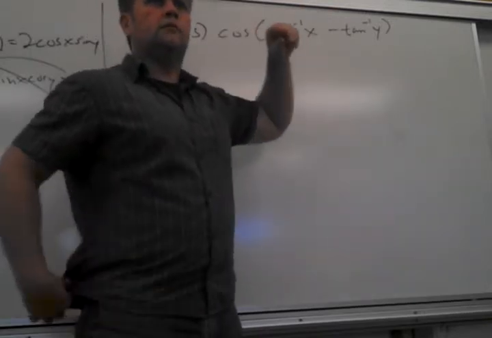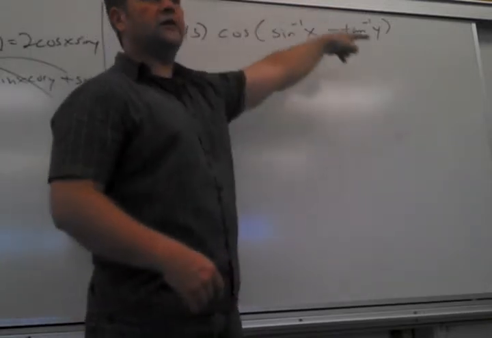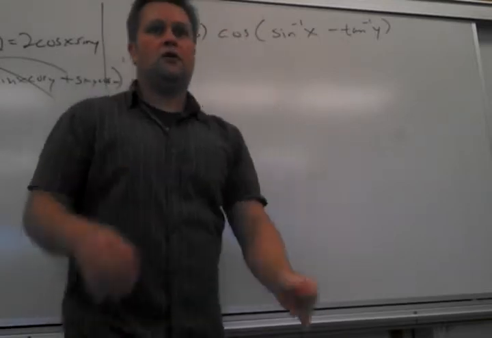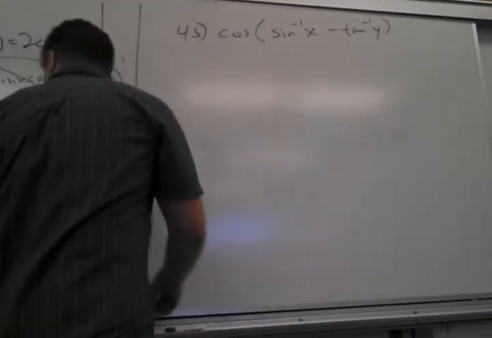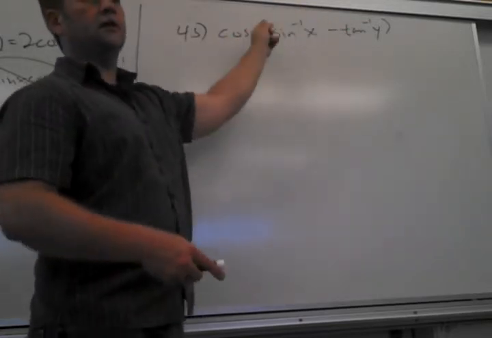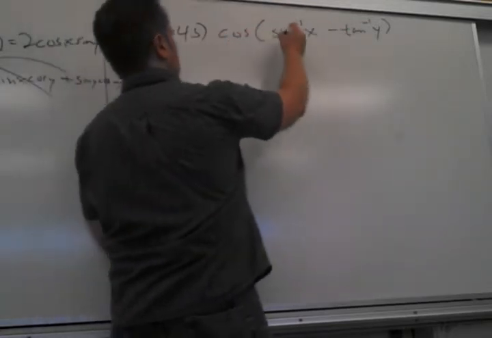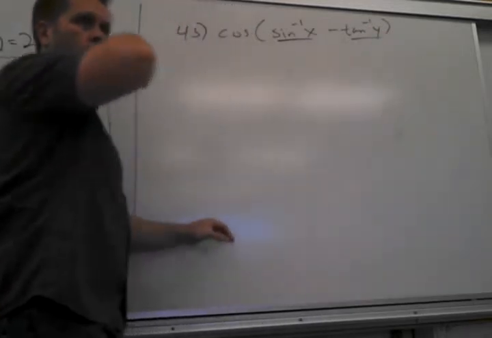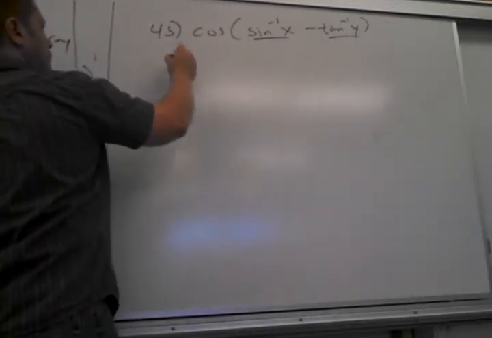But how can you just distribute the cosine? No. I see that way too often. Of course you can't distribute the cosine, because it's not cosine times this, it's cosine of that. But I can use cosine A minus B. So how would that get rewritten?